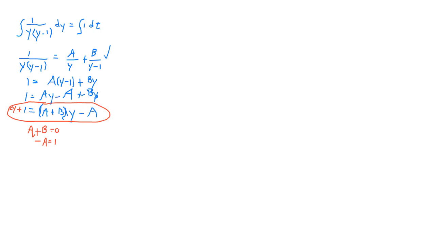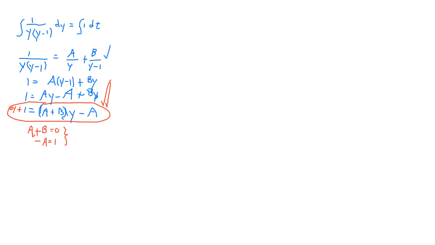Explain that one more time? Yes, Paige. So we're equating the left side of this equation to the right side. The y term on the left has to equal the y term on the right. Well, the coefficient of the y term on the left is 0. The coefficient of the y term on the right is a plus b. So a plus b would have to equal 0. It has no other choice.